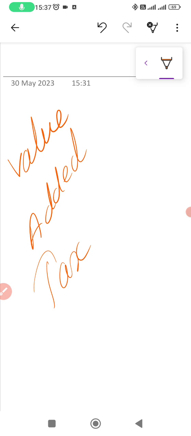Whatever income you earn, you have to pay tax on that. In the same way, gift tax is a tax on the gift. Similarly, value added tax is simply a tax on value added, or rather, tax on value addition.